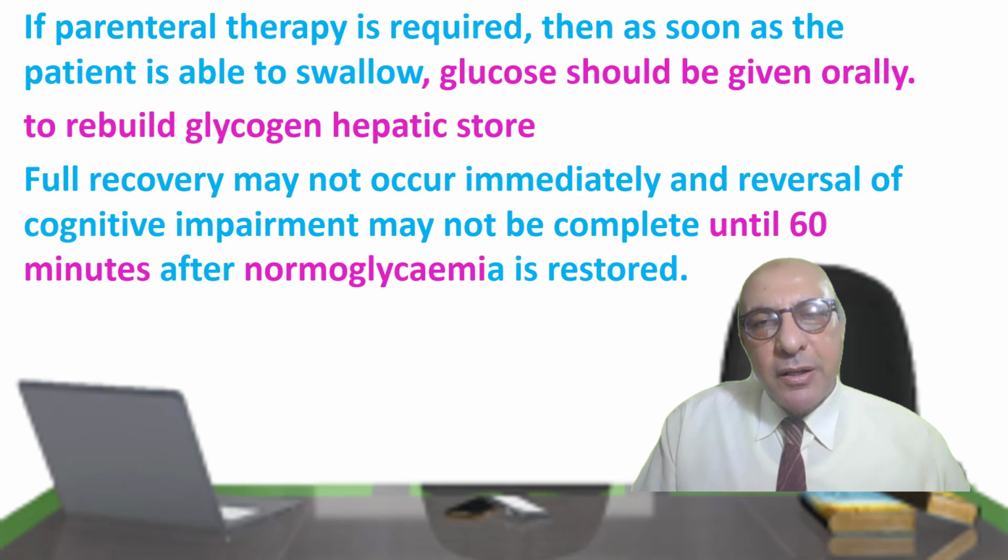So the patient should have a carbohydrate meal orally, repeated orally, to correct the loss of liver glycogen. One important thing to notice here is that full recovery may not occur immediately after blood sugar returns to normal. The reversal of cognitive impairment may not be complete until 60 minutes after normoglycemia is restored. We have to be patient and observe.